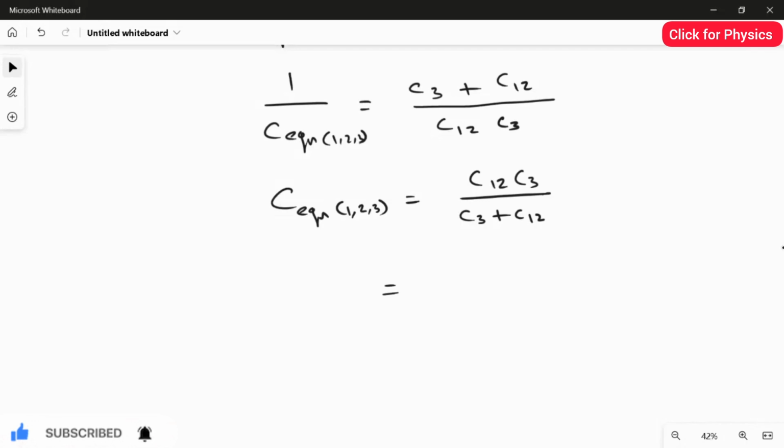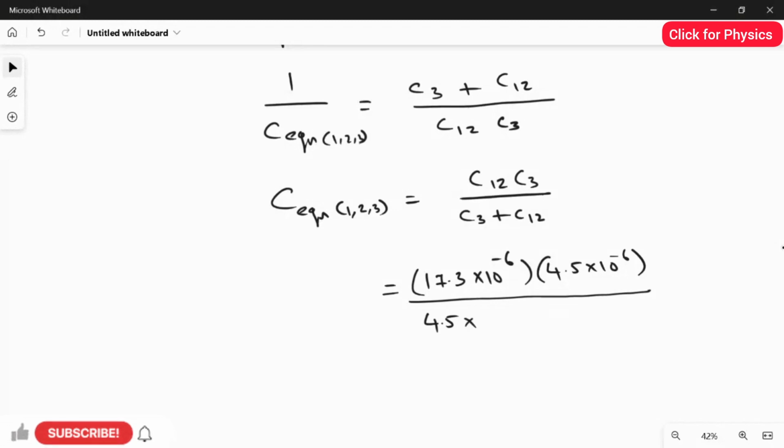So C12 is 17.3 times 10 to the power of minus 6, micro standing for 10 to the power of minus 6, multiplied with C3, 4.5 times 10 to the power of minus 6, over C3, 4.5 times 10 to the power of minus 6, plus C12, 17.3 times 10 to the power of minus 6. Now I'm going to calculate all these. Let's see what the answer is.